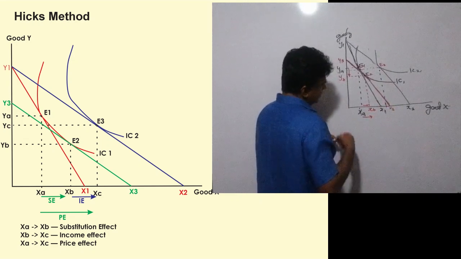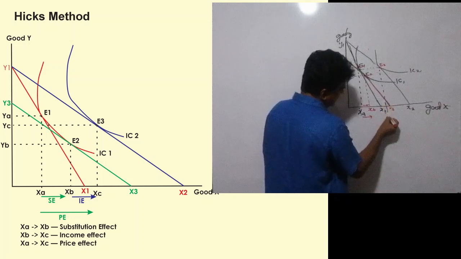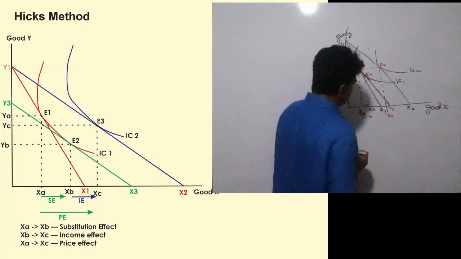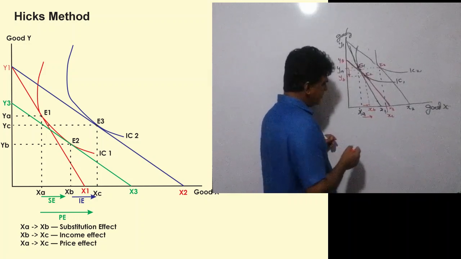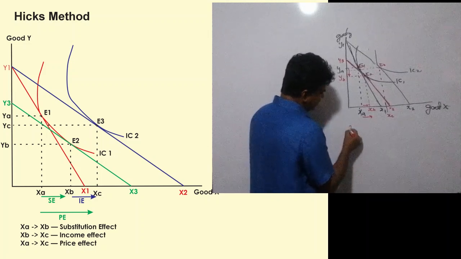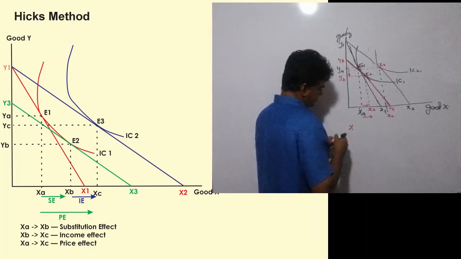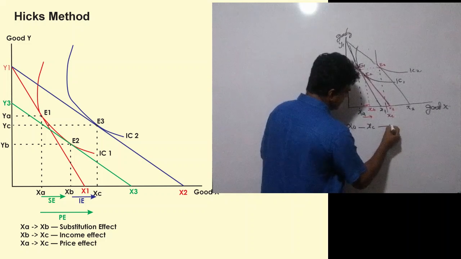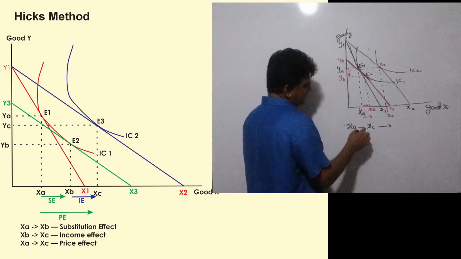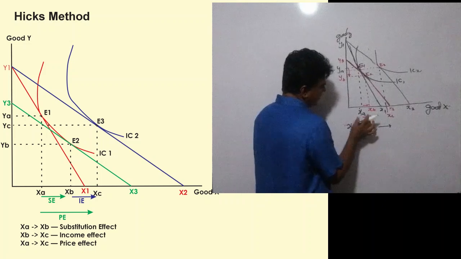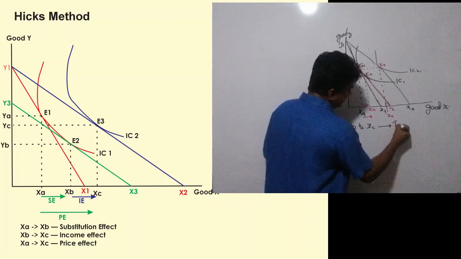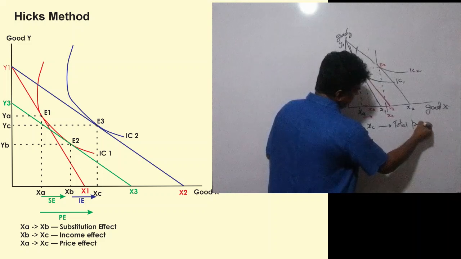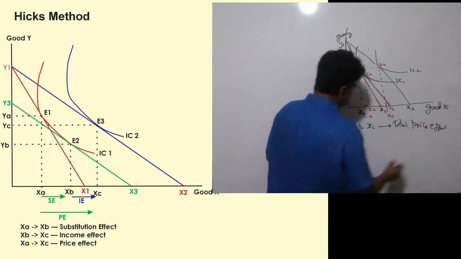Then I'm going to say this is XC. Now XA to XC is the total price effect, right?